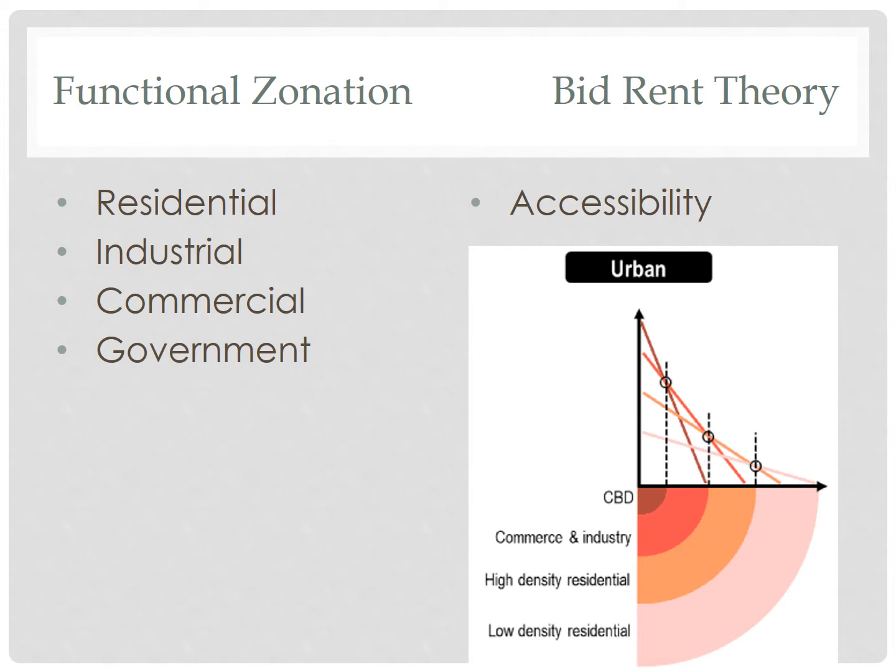As a result, the Central Business District, or CBD, tends to have high land values, tall buildings, busy traffic, converging highways, and mass transit systems, thereby increasing its accessibility to more people and increasing its land value.